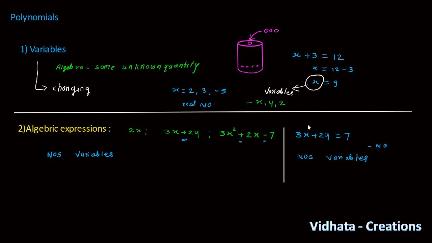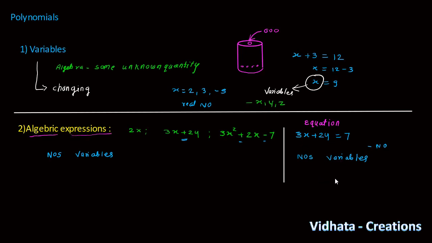Then what is this? We call it an equation. This is not an algebraic expression, but we call it an equation. Now, what is the difference between algebraic expression and equation?